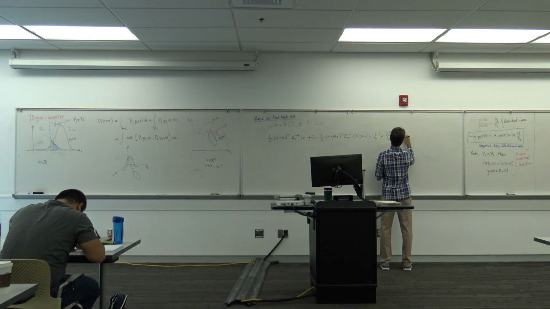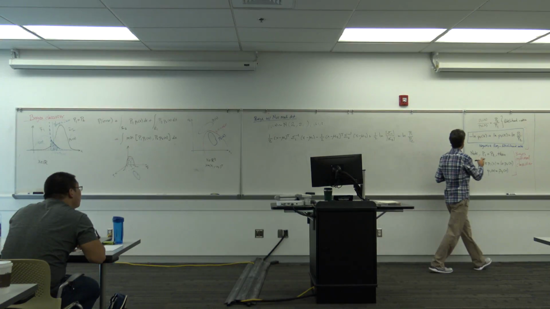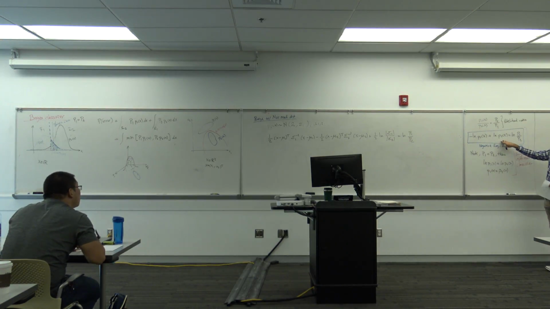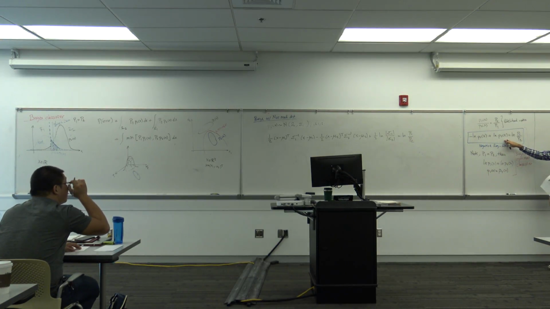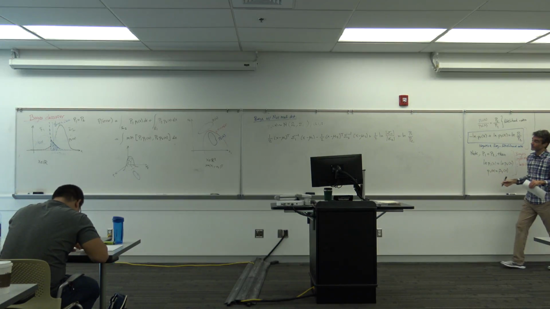That should be equal to the log of P1 over P2. Okay? So I took the negative log likelihood here, our classifier, that defines the classification boundary.